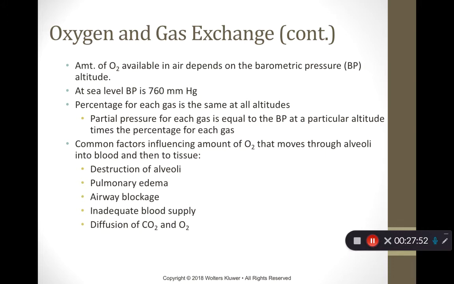So some of the common factors that influence the amount of oxygen that moves through the alveoli into blood and then to the tissue are the destruction of alveoli, pulmonary edema, airway blockage, inadequate blood supply, and diffusion of carbon dioxide and oxygen.